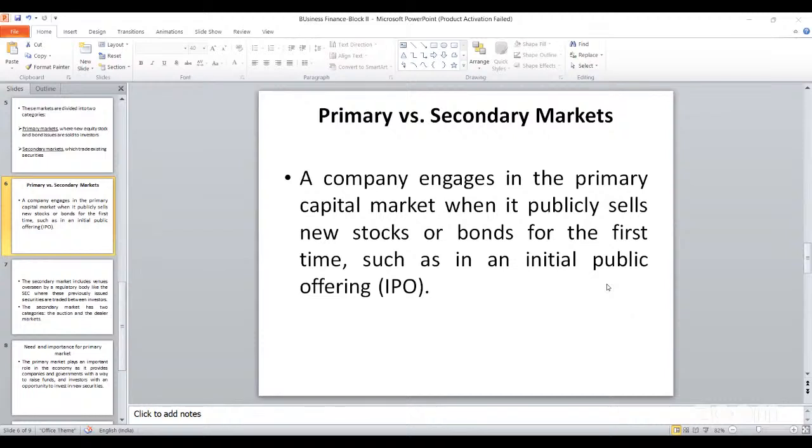IPO stands for initial public offering. This market is sometimes referred to as the new issue market. Here the company offers the securities, or hires an underwriting firm, that is a third party, where investors purchase securities on the primary capital market.